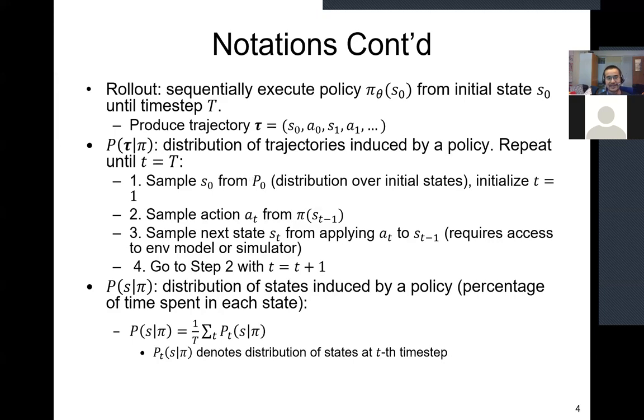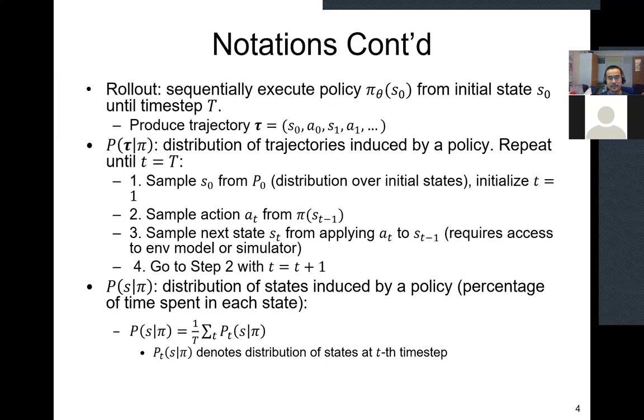So you sample S0 from P0, which is the distribution over initial states. Initialize t equals 1. Sample action A_t from pi of S_{t-1}. Suppose it's a stochastic policy, you need to sample the action. Then sample next state S_t from applying A_t to S_{t-1}.